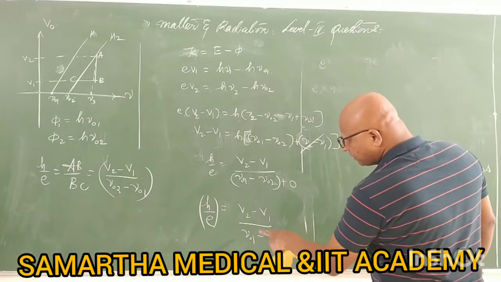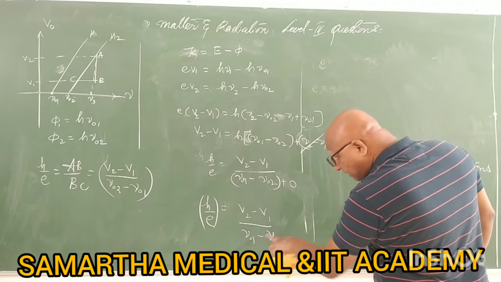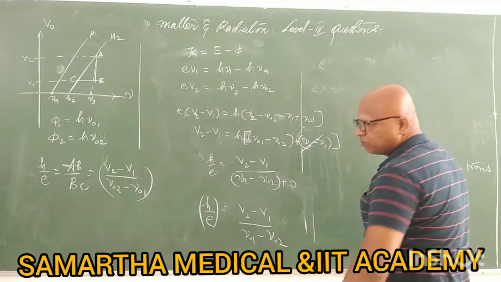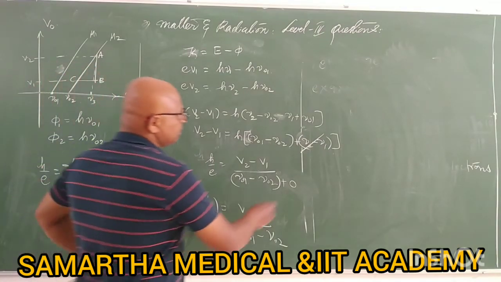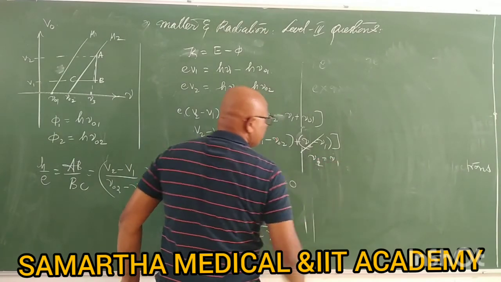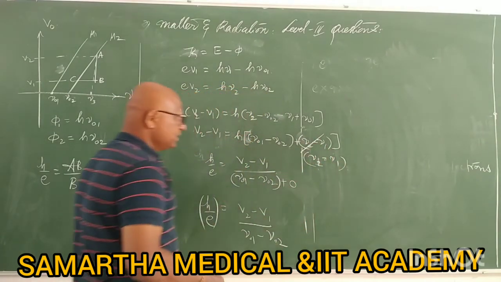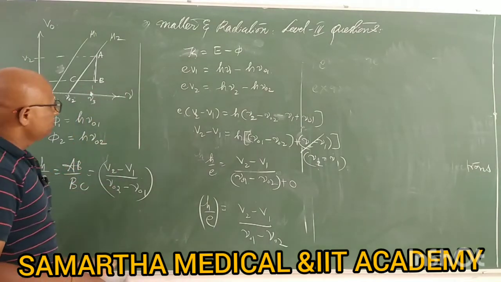The order you must see: V2 minus V1 divided by nu naught 1 minus nu naught 2, not nu naught 2 minus nu naught 1. This must be the answer, because nu 2 is equal to nu 1, that's why it is cancelled. Here we are using one particular frequency, not two frequencies.